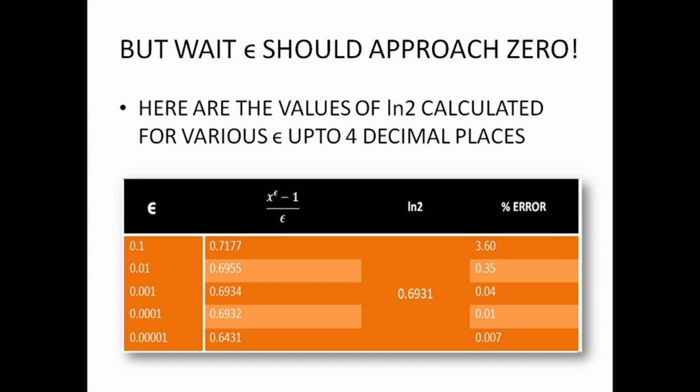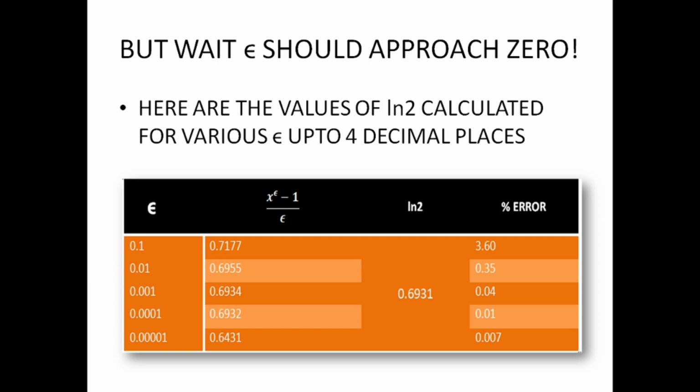But wait, epsilon should approach 0. Here are the values of natural logarithm of 2 calculated for various epsilon up to 4 decimal places. So here you can see a beautiful table, and we make epsilon approach 0 gradually, 0.1, 0.01, logarithmically, I must say, 0.001, 0.0001, 0.000001, and you can see on the last column the percentage of error in calculating natural logarithm of 2.